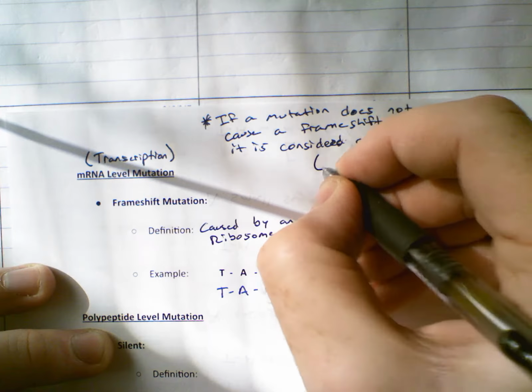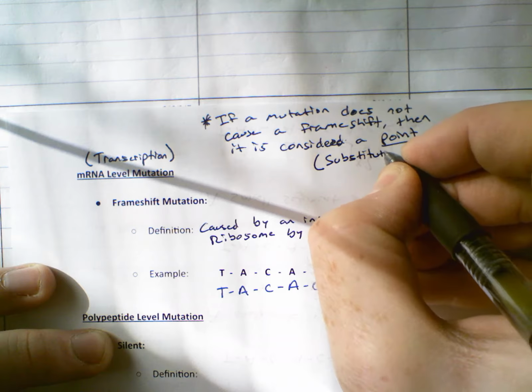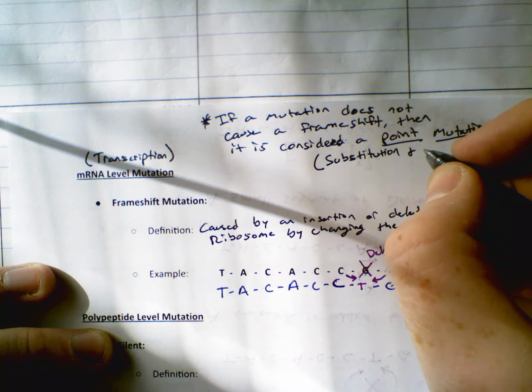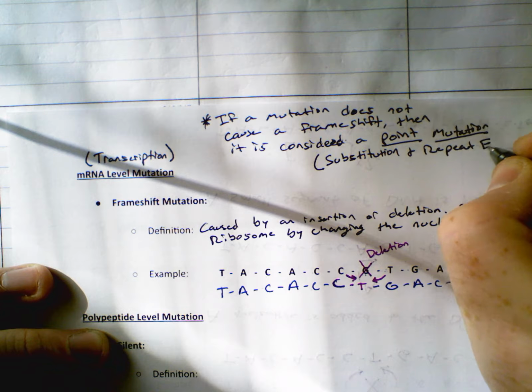Okay. You get point mutations out of substitutions. So always substitutions, and usually repeat expansions, although not always.